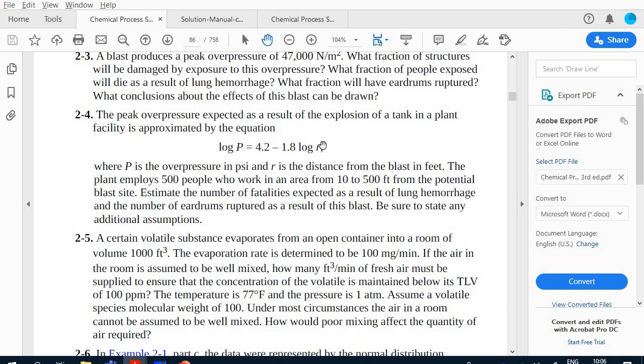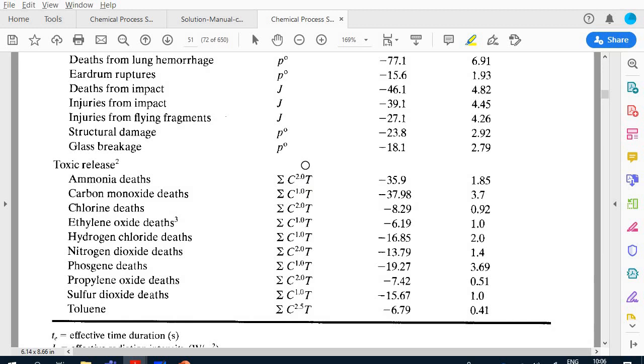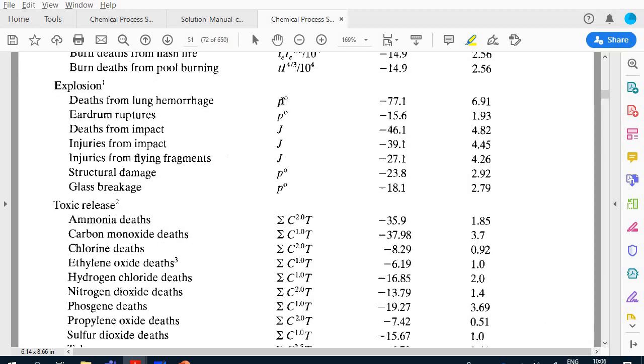So if we have different radiuses here, we are going to have different overpressure expected at that radius. This P is the P naught that we use in our calculation. If you remember the P naught, this P is that P naught, and now we can calculate.